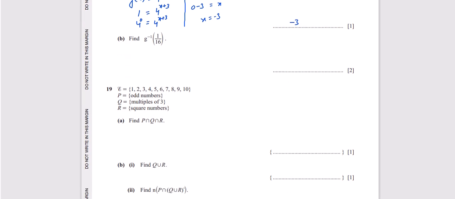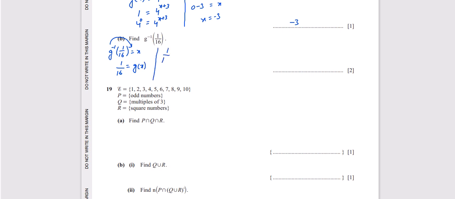And now find g inverse of 1 over 16. Let g inverse of 1 over 16 is equal to x. Shift g to the other side. So 1 over 16 is equal to g of x.